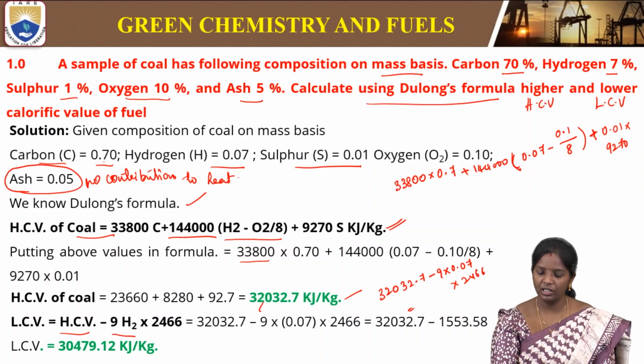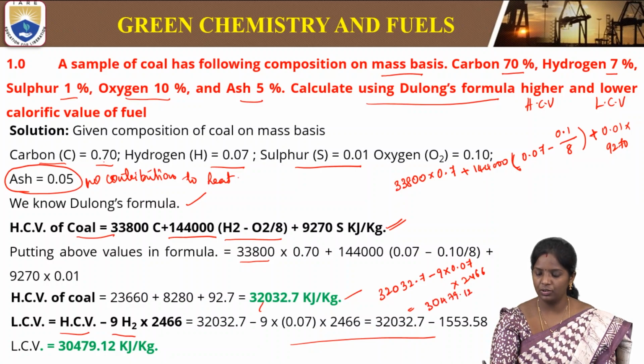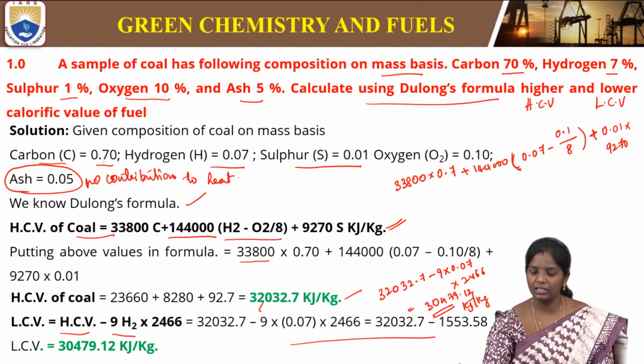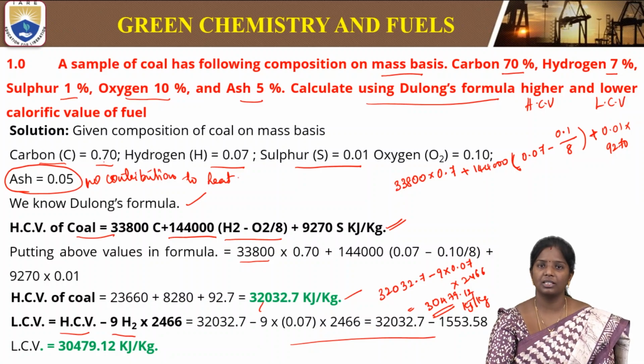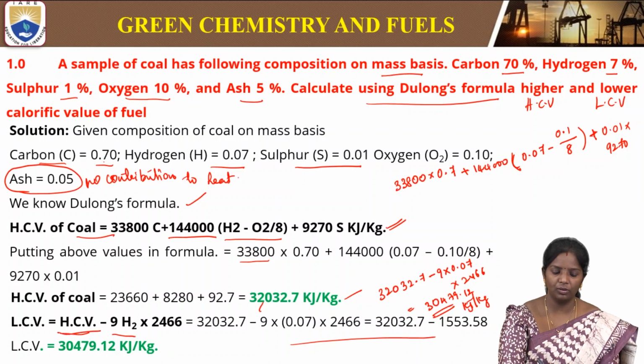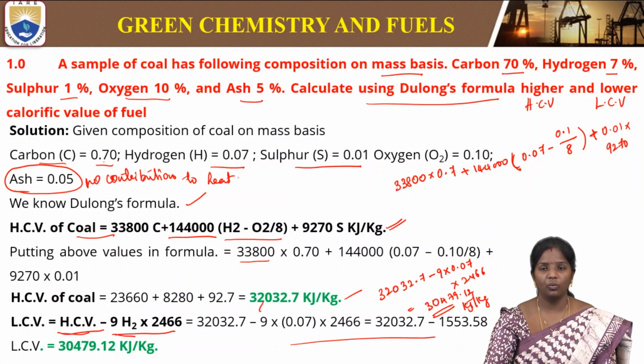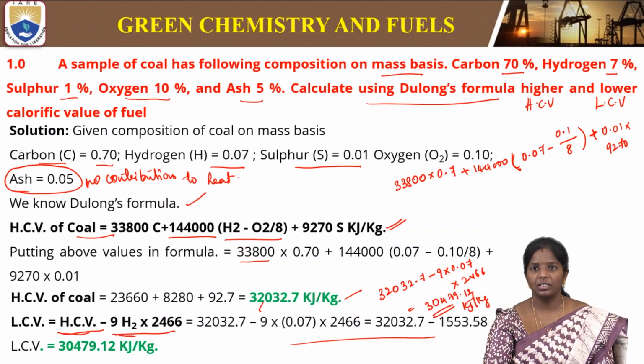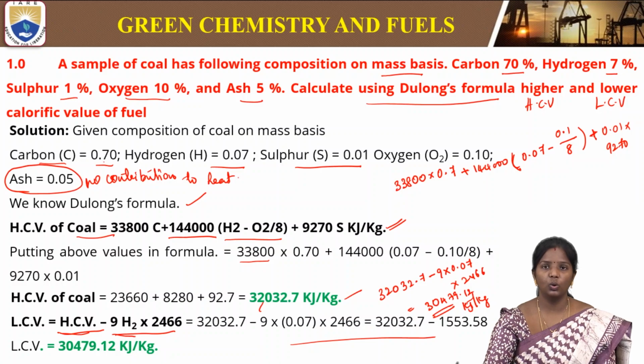Upon simplification, we get the value 30479.12 kilojoules per kg. Whenever you see, the lower calorific value is always low compared to the higher calorific value, because we are subtracting from the higher calorific value to calculate the lower calorific value. So this is the higher and lower calorific value, or the HCV and LCV, of this particular coal sample.